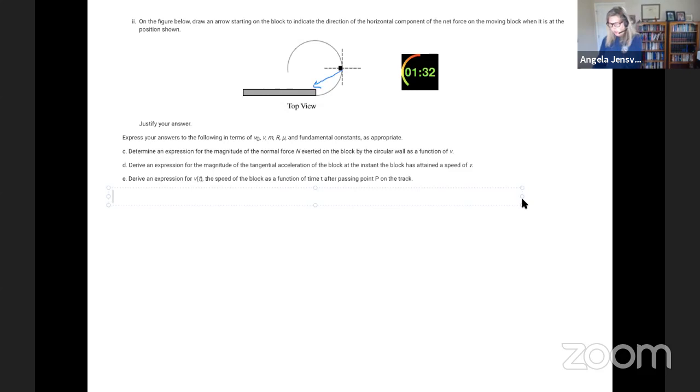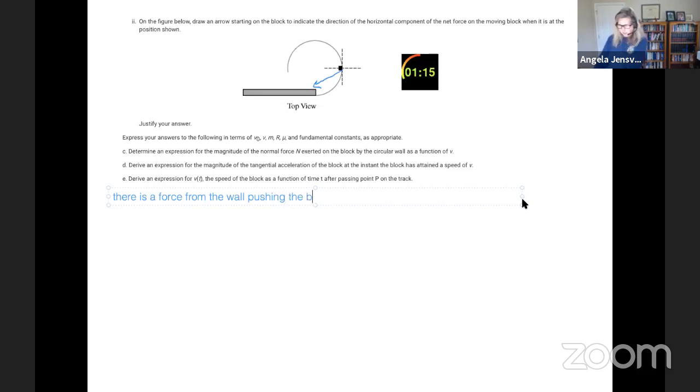Net force. Okay, so there is a force from the wall pushing the block, whatever it is, block, toward the center. I don't like the word it. If you can avoid the word it on the AP exam, you're going to avoid a lot of trouble.